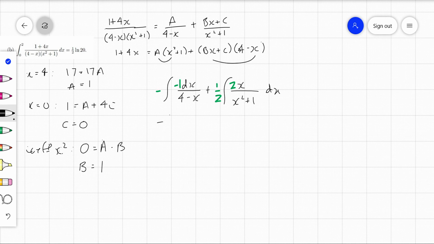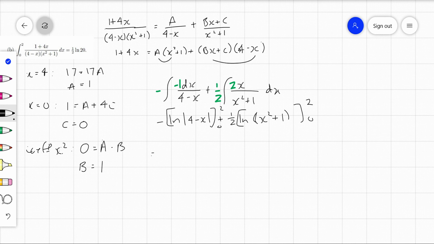We've got now minus log of 4 minus x plus a half log of x squared plus 1 there. And is it a definite integral? Yes, we're supposed to be going between 0 and 2.